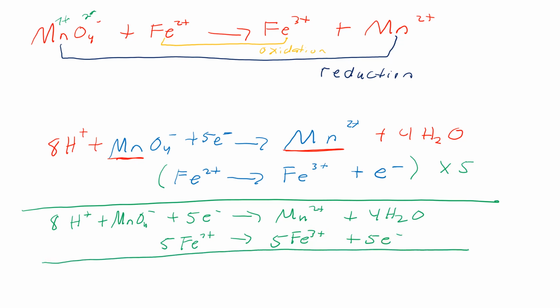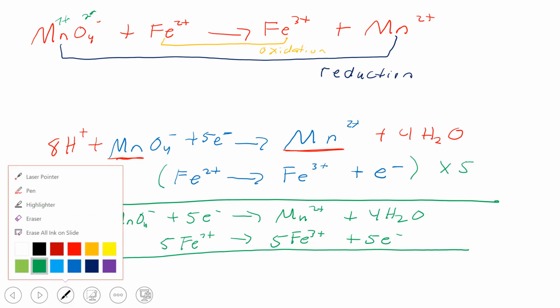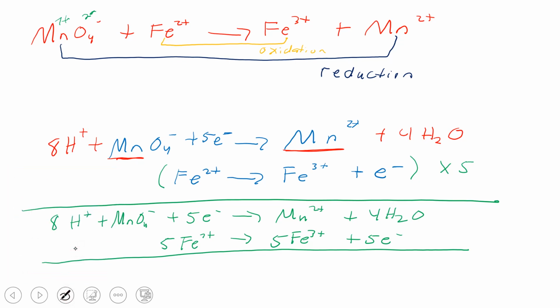Now we can add together our oxidation half reaction and our reduction half reaction and get the overall cell reaction. The 5 electrons cancel out. We have 5 electrons on the reactant side and 5 on the product side. So we're done because we don't have anything else here that cancels out, and we can write this down.